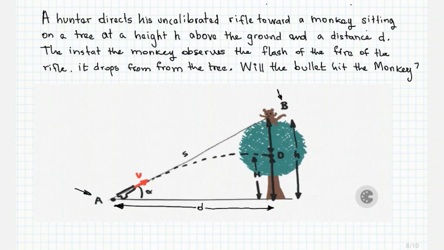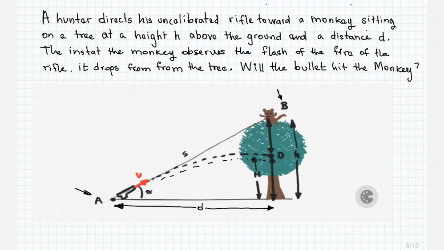When the bullet is shot, it follows the path that is shown here on the dashed line. This path is parabolic and reaches the point D at the distance h at the time t.